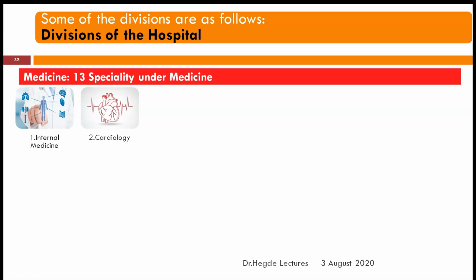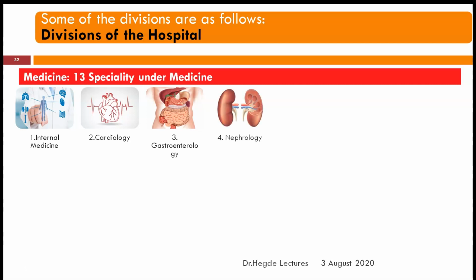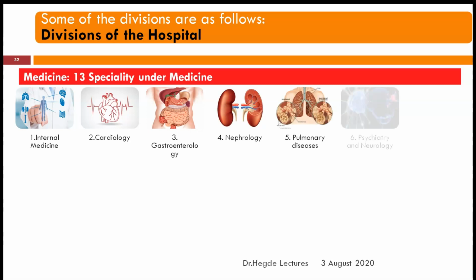Secondly, the cardiology division, one who is an expert in treating the heart and heart-related disorders. Then gastroenterology, one who is an expert in treating GI disorders. Nephrology, kidney. Pulmonary diseases, chest physicians. Psychiatry, they are called neurologists or psychiatric doctors.